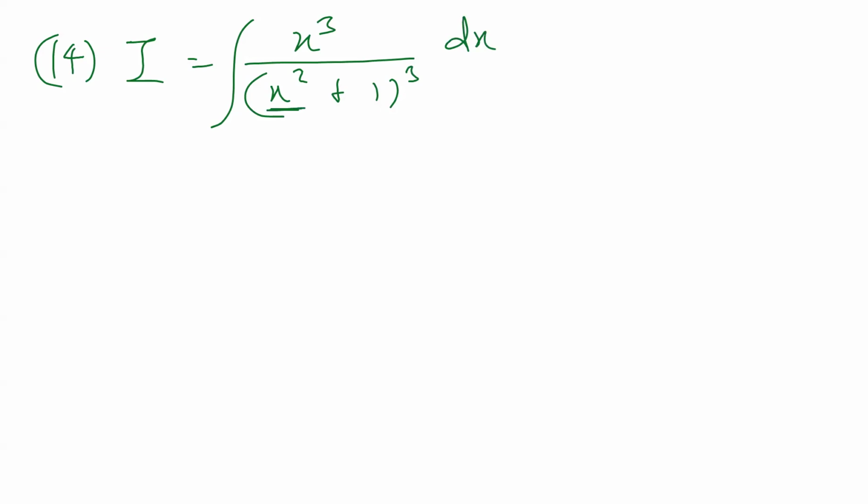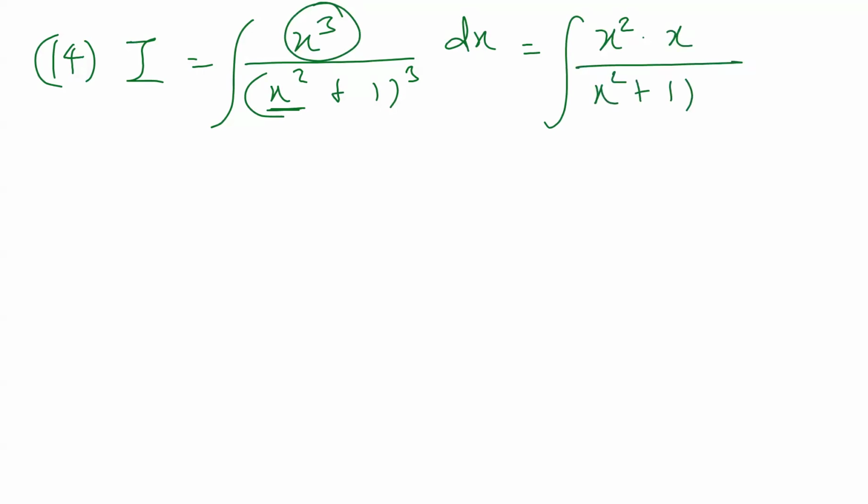Now the derivative of x square is x. So that x we can get in this particular manner. x cube can be written as x into x square, over x square plus 1 the whole cube. Now the derivative of x square is 2x. 2 is a constant, but then x is present in the problem.